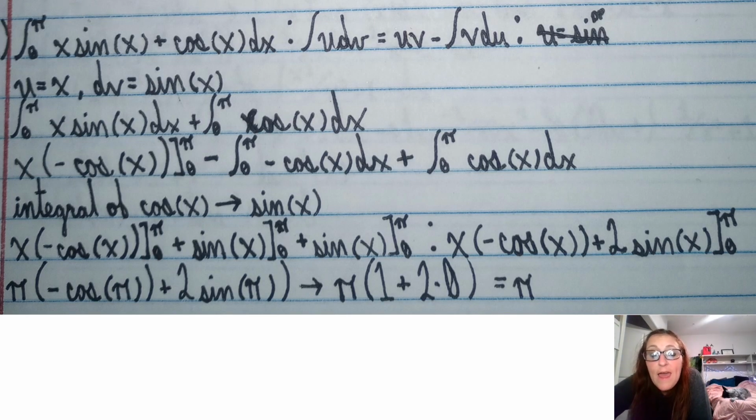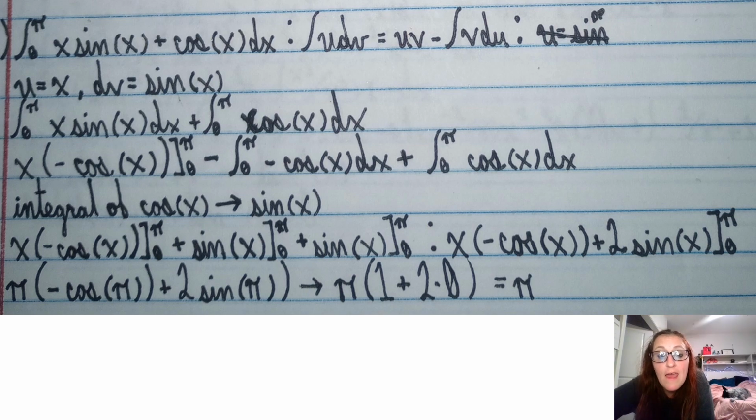Integral 0 to pi x sine x plus cosine x dx. Integral u dv equals uv minus integral v du. Let u equal x and dv equal sine x. Integral 0 to pi x sine x dx plus integral 0 to pi cosine x dx. x times negative cosine x from 0 to pi minus integral 0 to pi negative cosine x dx plus integral 0 to pi cosine x dx.